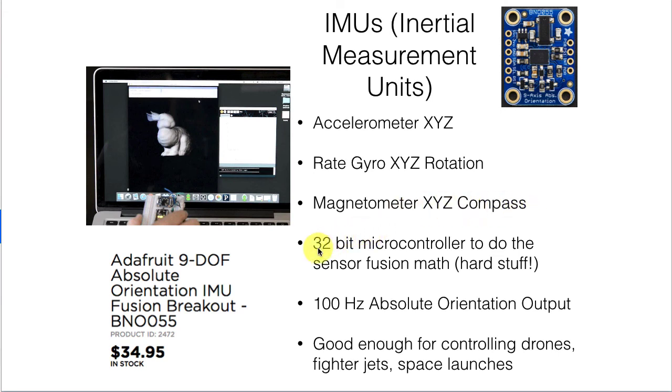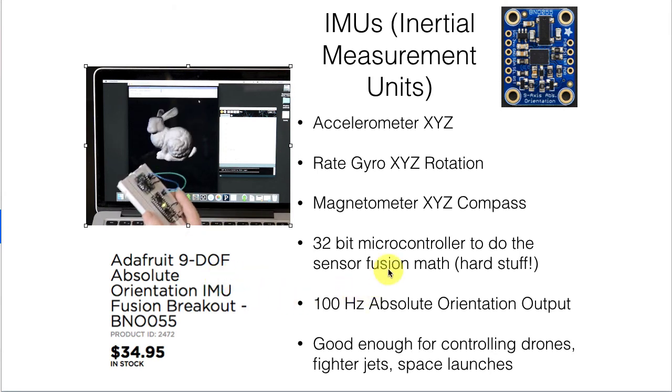If we take a 32-bit microcontroller to do the sensor fusion math, to put all of these together, then we can wind up with absolute orientation of the device, seen down here. And you can see this display on the screen is following the motion of the device as it's moved around in the hand.